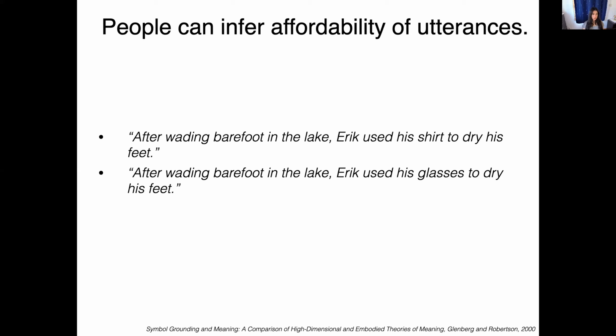They showed that humans could very easily classify the two sentences as affordable versus unaffordable, possible versus impossible, while the word models of that time, which reasoned about word co-occurrences but didn't know anything about the world, like the visual dimensions of glasses and shirt, or size dimensions, or affordances, how they're used, physics and so on, could not do this classification easily.